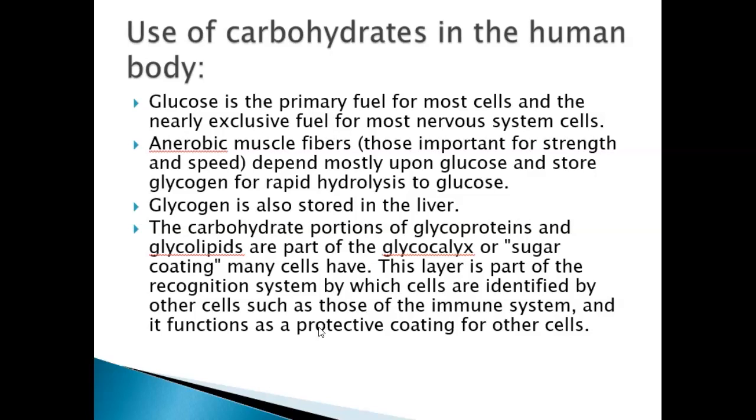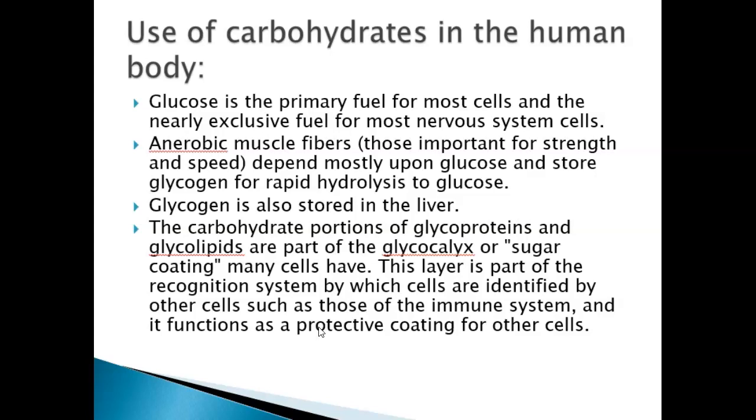Your other muscles, used for long distance running or endurance, have the ability to take glucose more easily and use that. This glycogen is stored in your liver, but you also store it in your skeletal muscles.